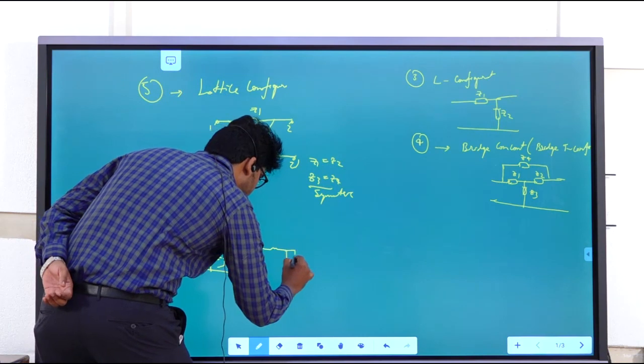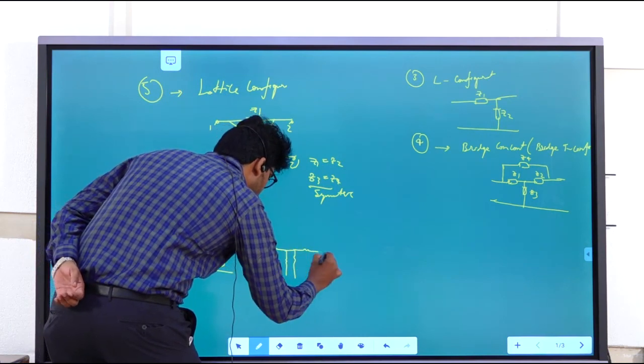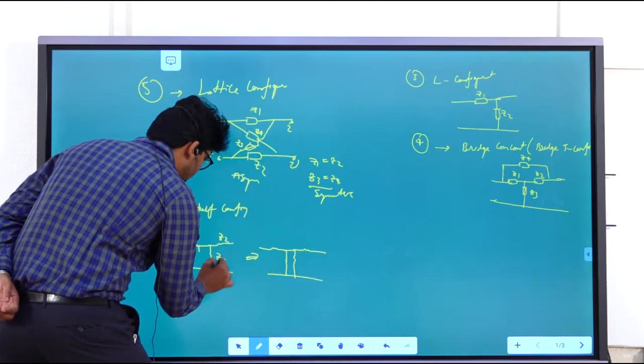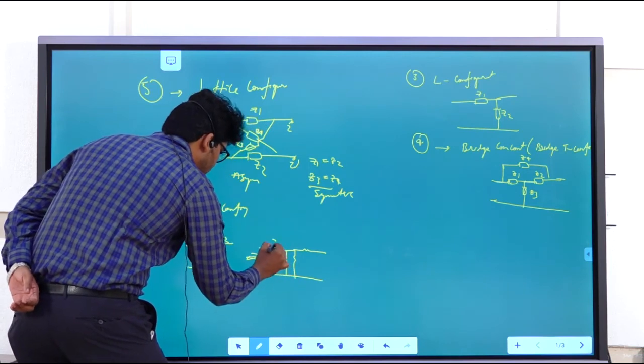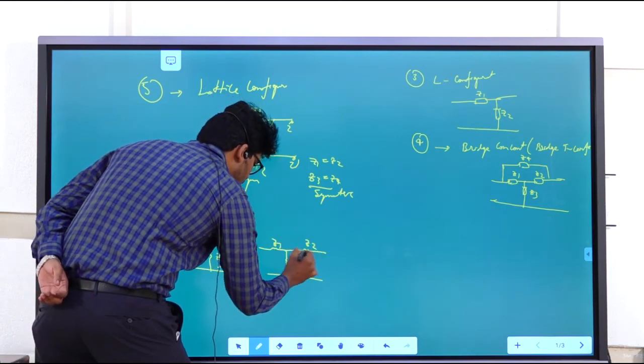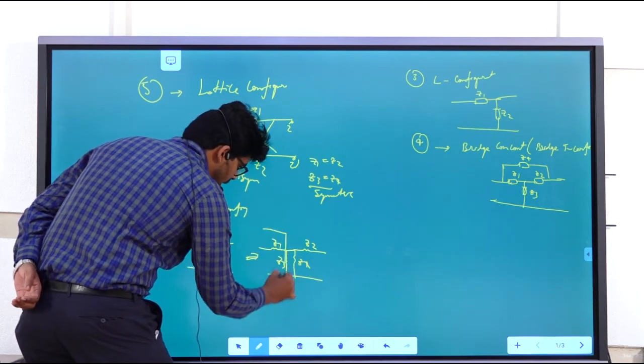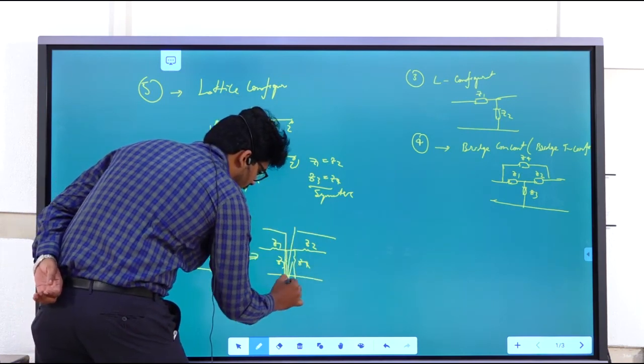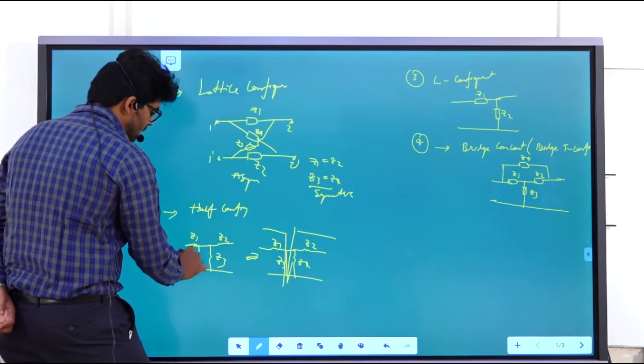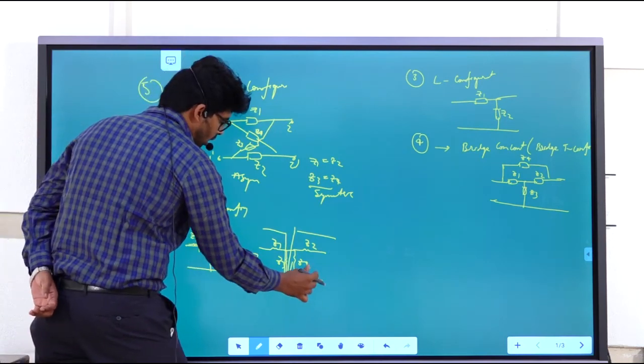This is divided into a parallel branch, then Z1, Z2, Z3 and Z4. So this is one half section and this is another half section.